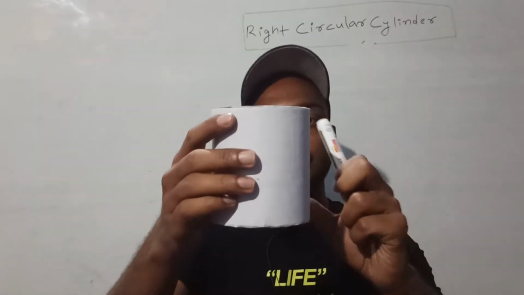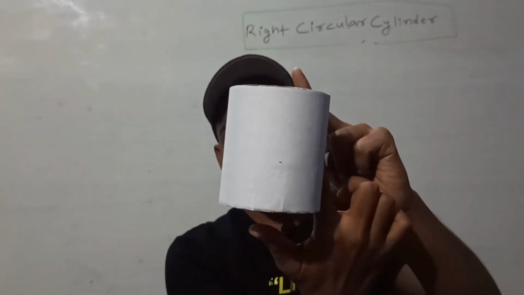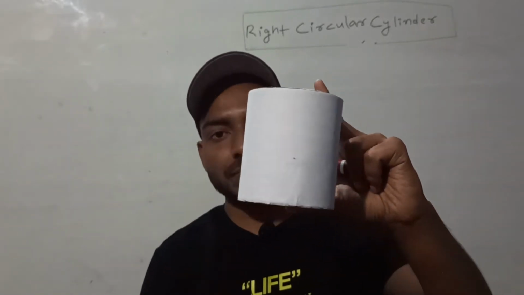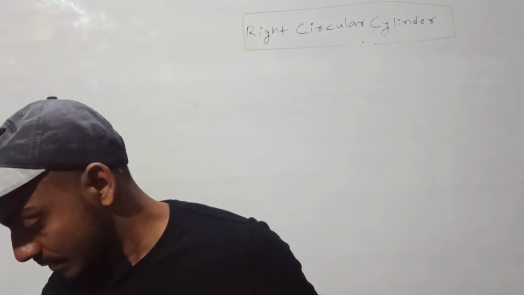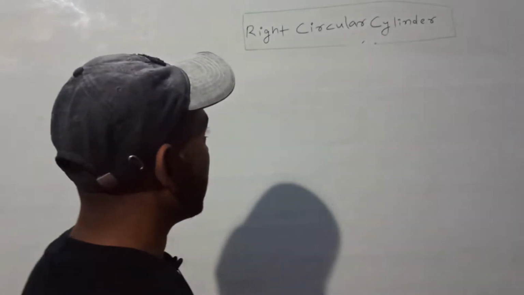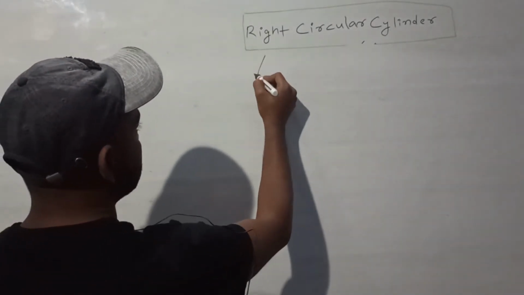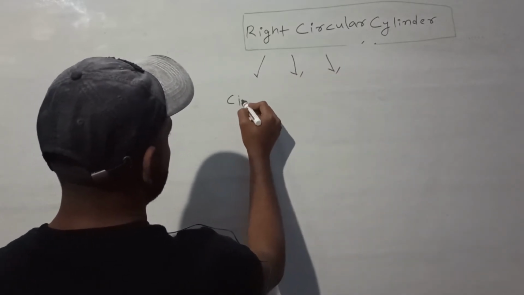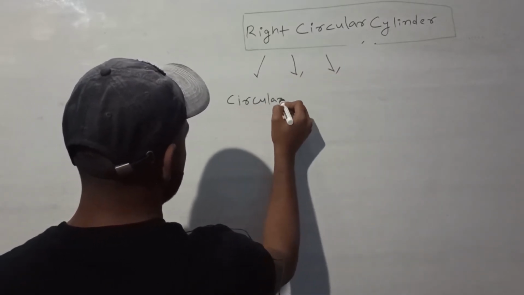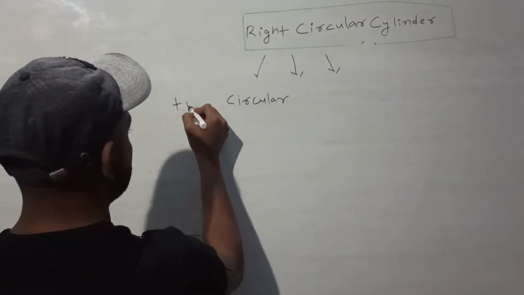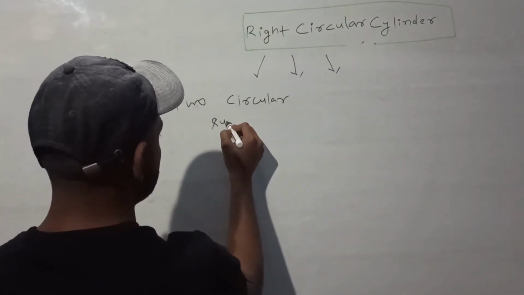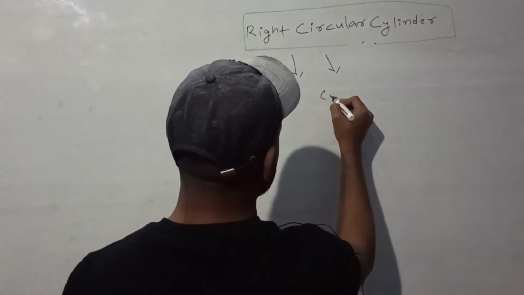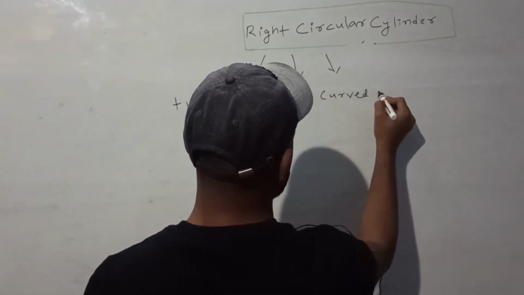Okay, now this whole surface is the curved part of the cylinder, and we call it the curved surface area of the cylinder. Okay, so a right circular cylinder has three surfaces. That is, it has two circular surfaces and one curved surface.